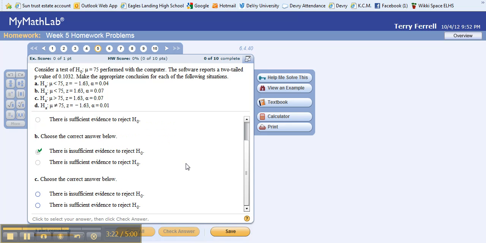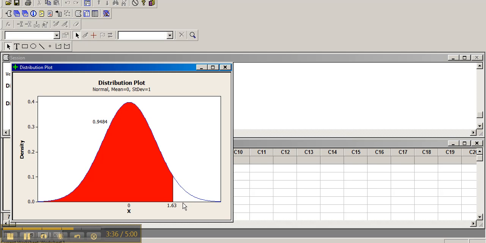The next one. Greater than 75, and my z value is 1.63. So we're looking at the right side, and maybe you can start to see where the numbers are going to come from and understand. But this is on the right side, and we're looking at this area. Well, this area is that other area that was on the left side that was less than negative 1.63, because remember, it's symmetrical.